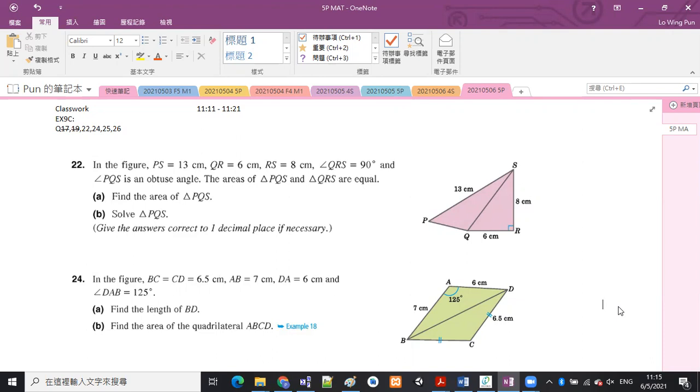Part B says what? Okay, first check whether you have read the question clearly. So which sentence in the question is actually the most important sentence for part A? Okay, can you see this? The areas of triangle PQS and QRS are equal. So if you can find one of them, then the other will be exactly equal to this.